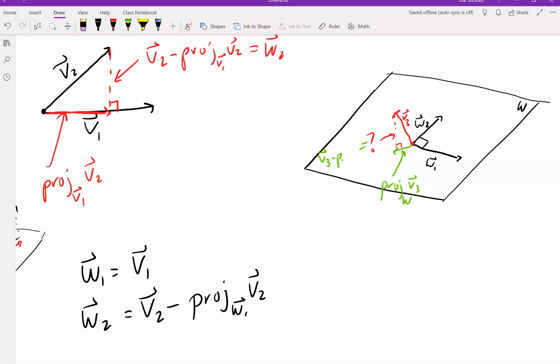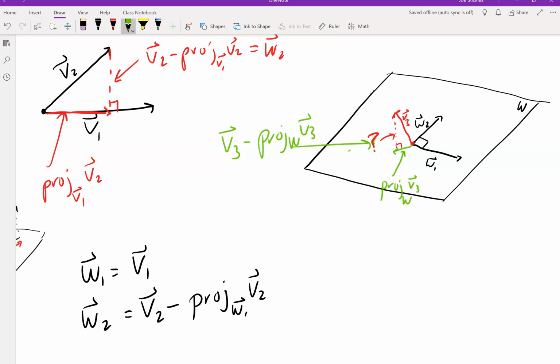So the projection vector of V3 onto the subspace W. Let me rewrite that. All right, so this question mark here, which I hadn't read to start with, that question mark is V3 minus the projection of V3 onto W.